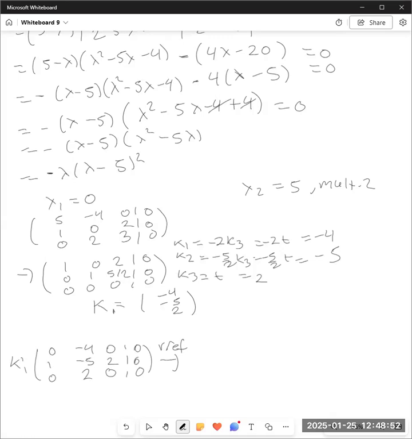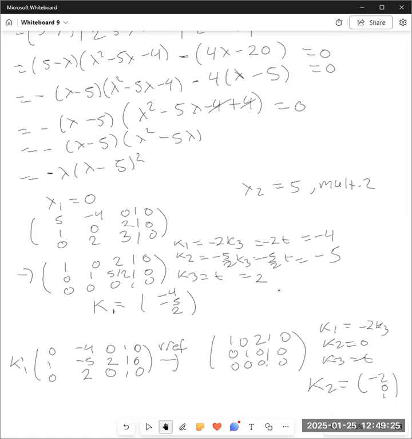This is going to be 1, 0, 2, and 0, 1, 0, and 0, 0, 0. So that's my K1 equals negative 2 K3, K2 equals 0, and K3 equals T. So K2 is negative 2, 0, 1.